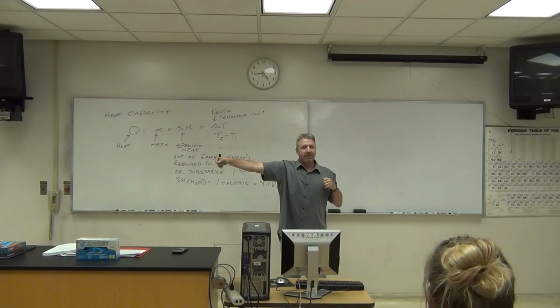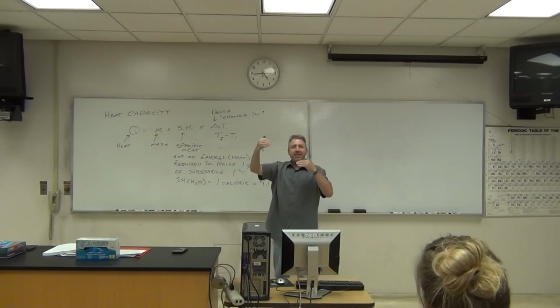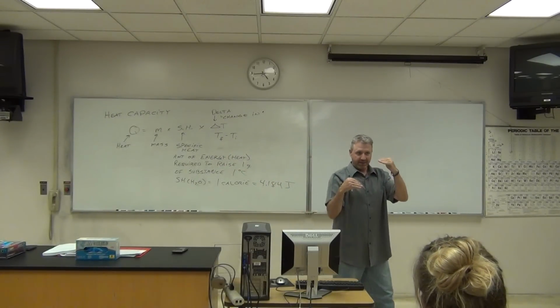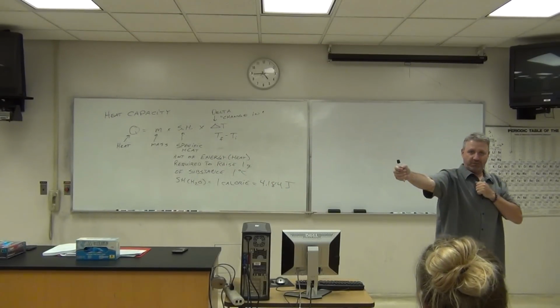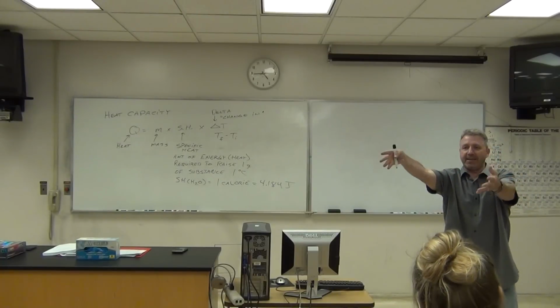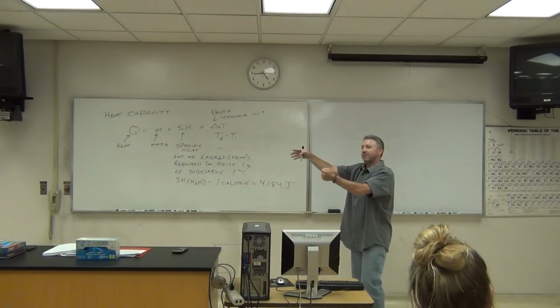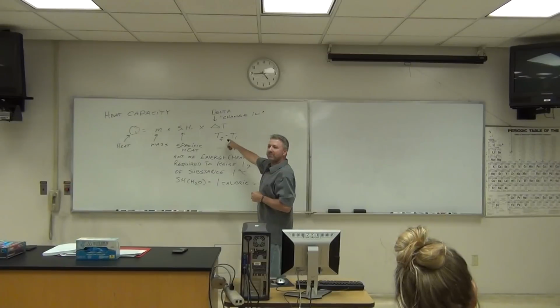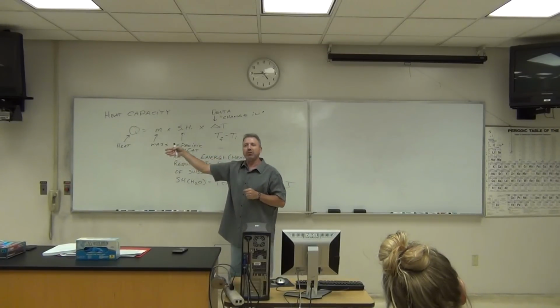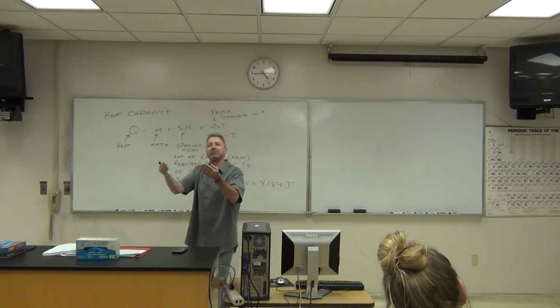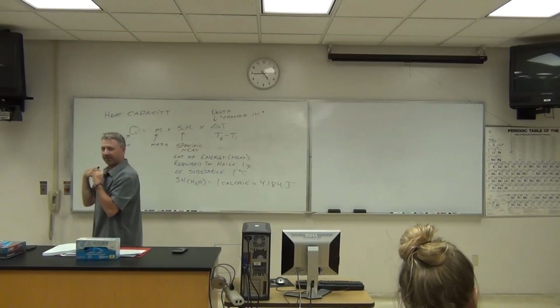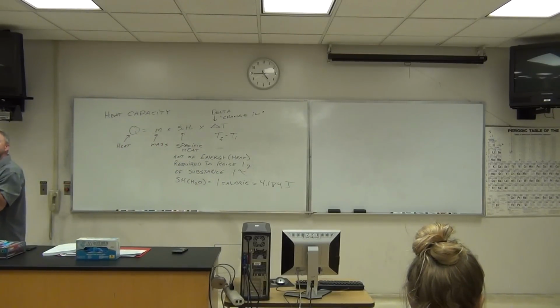So when an object is cooling, we have a negative Q. The heat is leaving the system. When an object is heating, Q is positive, energy's coming into the system. These are just sign conventions for us.